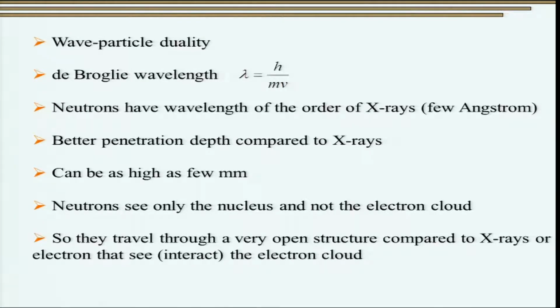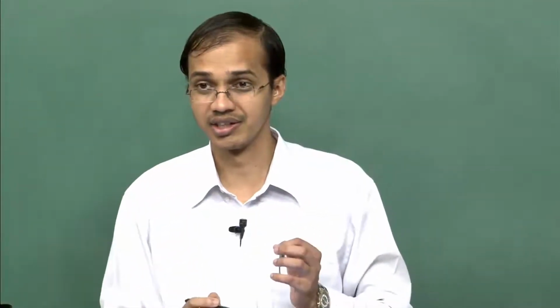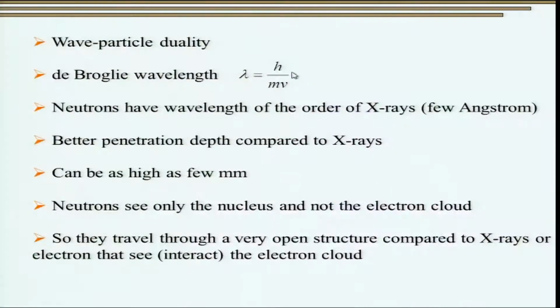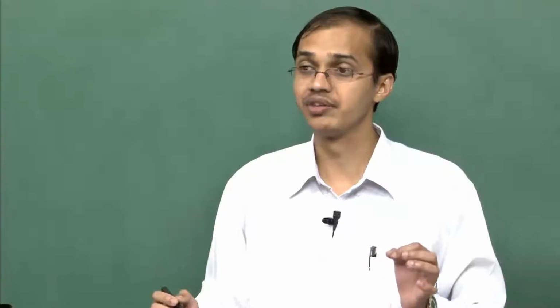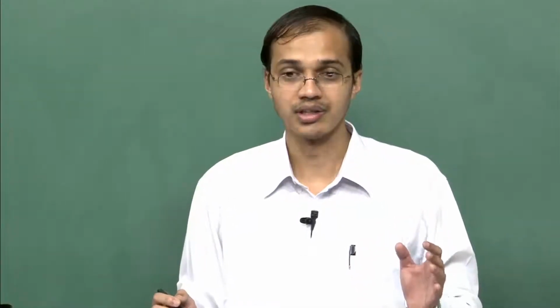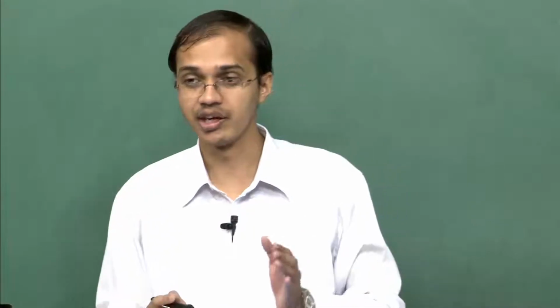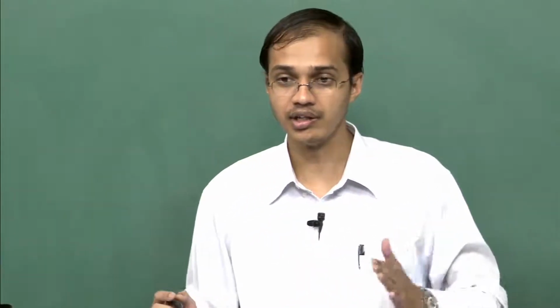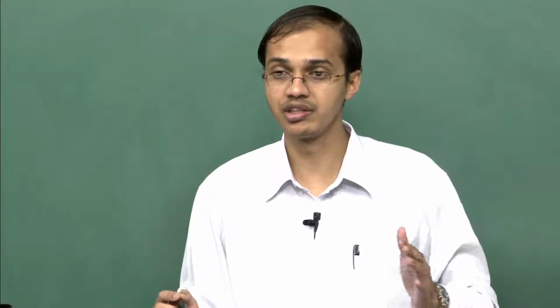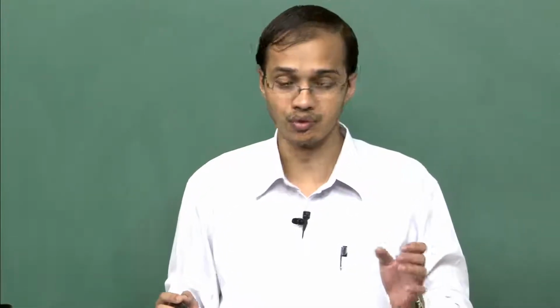Now, the beauty of neutrons as a source for diffraction or scattering is that the velocity at which the neutrons travel, combined with their mass, ensures that the wavelength we get is of the order of angstroms, which falls in the range of X-rays. This is what ensures that we can use neutrons for carrying out diffraction experiments, where the interatomic or interplanar distances are of the order of a few angstroms.